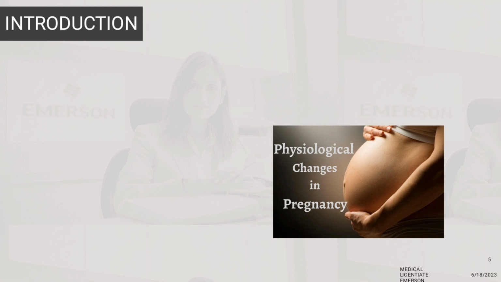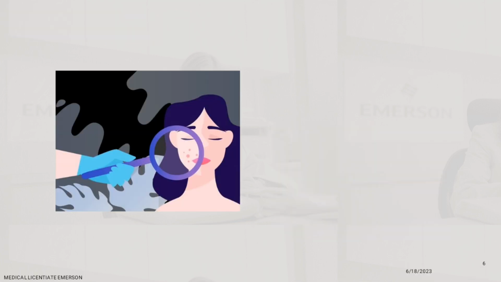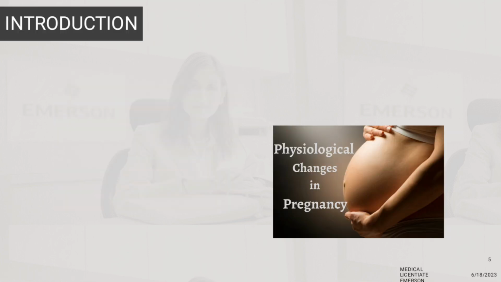Okay, so finally, on the introduction of the topic itself, the first thing we have to talk about is the physiological adaptation. You have to know that the adaptation occurs in response to demands caused by the pregnancy itself.